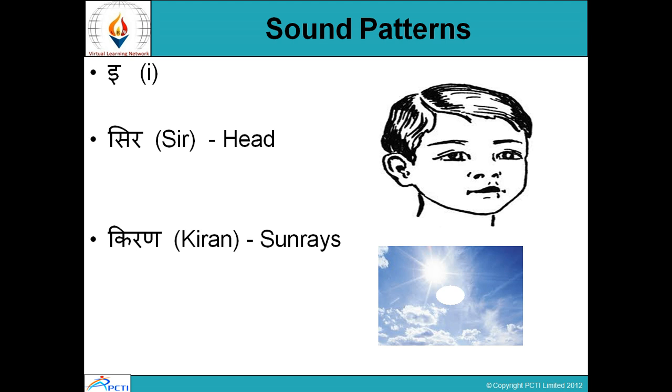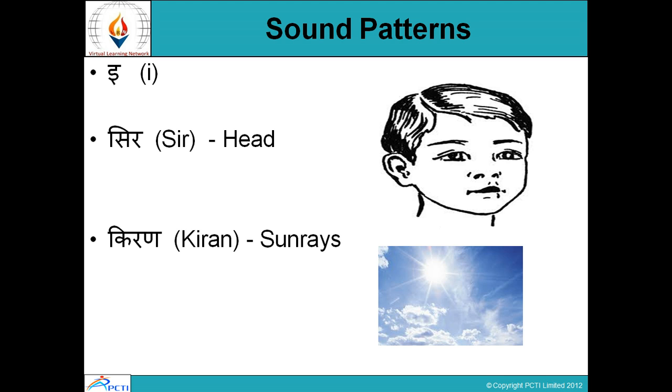Now the next sound pattern, that is E. That is small e. It's not the long sound of E, it's the small sound of E. I have represented it by i. That means E, small e. So let's start with the first word, that is sir. Sir is what?